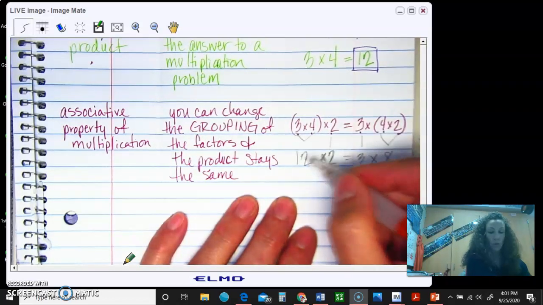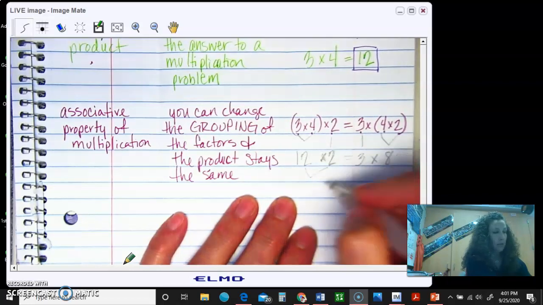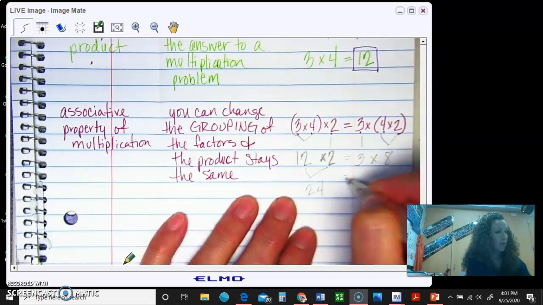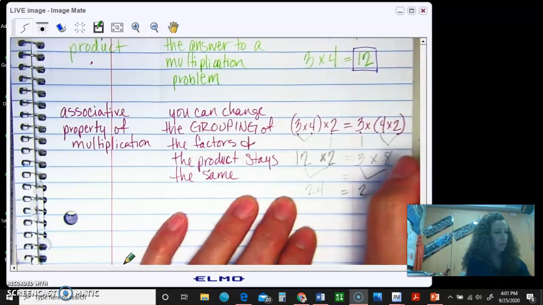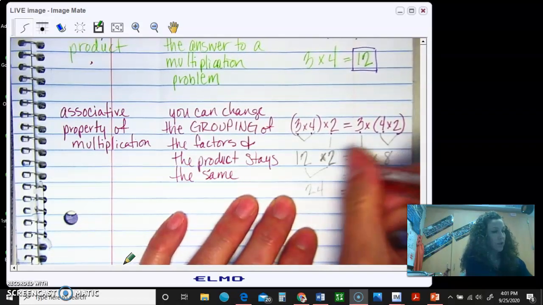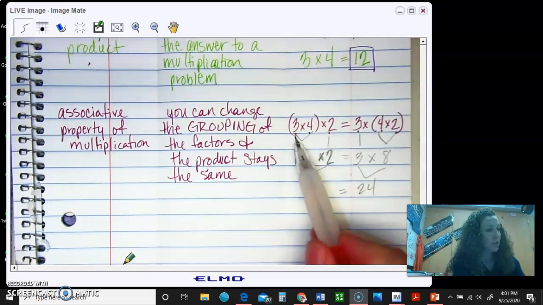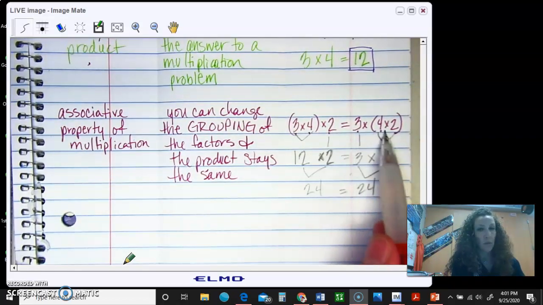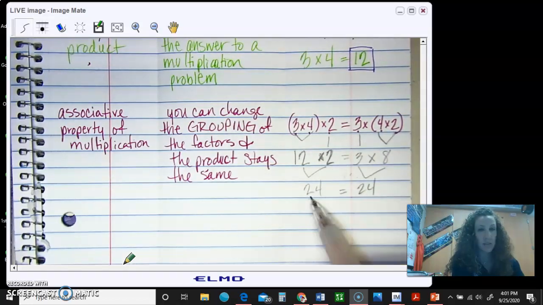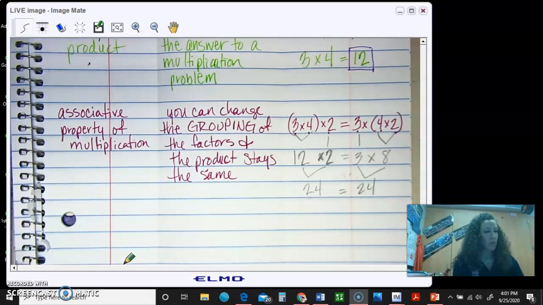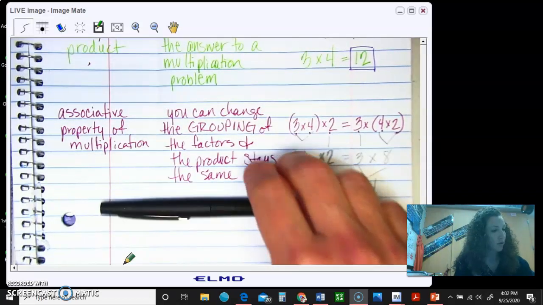Okay, well, 12 times 2 is what? 24. 3 times 8 is what? 24. So do you see, it doesn't matter if it's all the same digits. We can group it any way we want because it will still come out equaling the same. Okay? All right, so moving on to the next term.